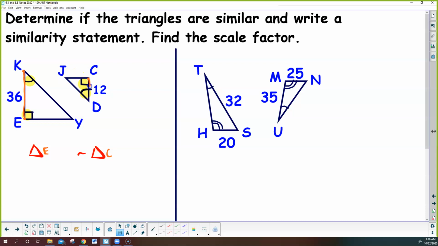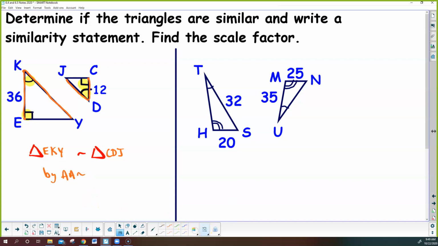Following this triangle, that would go C to D. So E to K matches C to D. And then if I follow K to Y, that's the order that I would follow in this triangle. So then I would go D to J. And you have to make sure you really are matching those carefully. So those triangles are similar by angle, angle similarity.